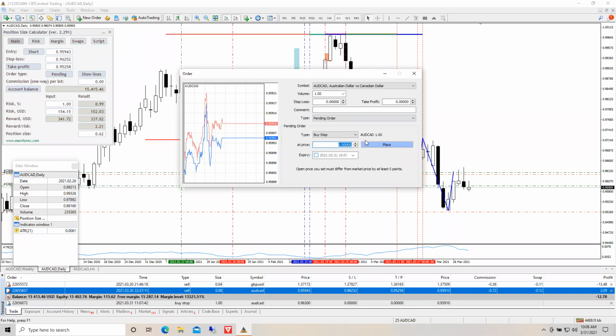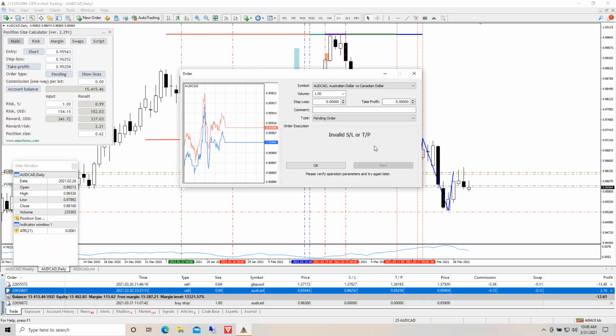Let's say 95. So you can see it there. And I try and place that order, it's going to bring an invalid SL or TP. It's actually not a stop loss or take profit that's invalid. It's the original order that's invalid in this case. So that's just a standard message. But in any case, I'm sure you guys, once you start using MT4, have seen that message very often.